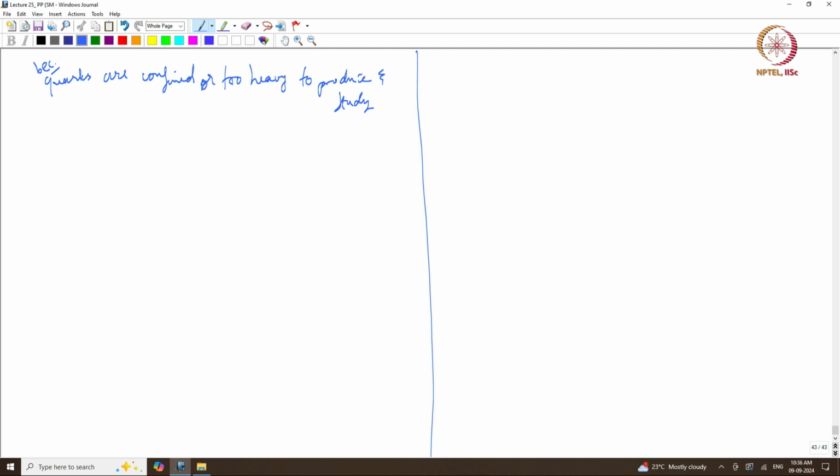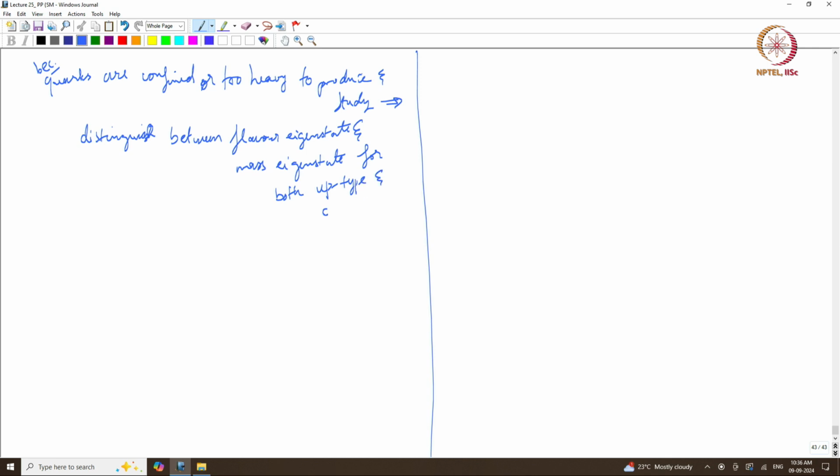So that means it made sense to distinguish between the flavor eigenstate and the mass eigenstate for both up type and down type quarks. Okay, agreed?